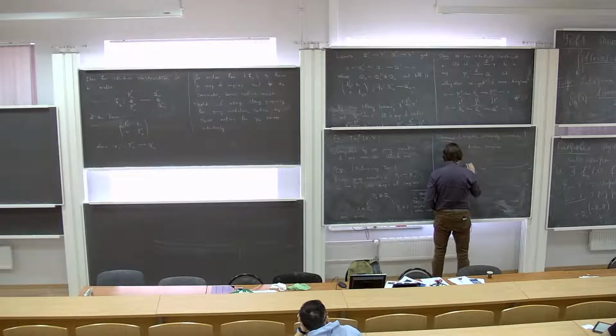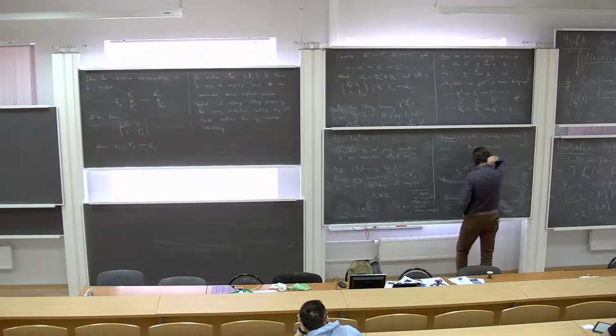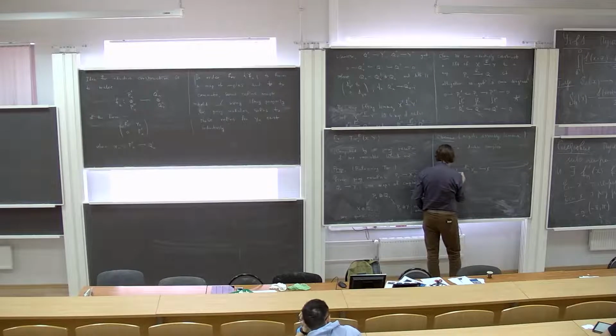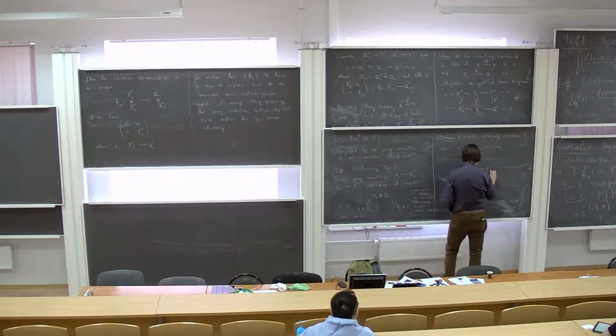So there's a horizontal differential. The first number should number the row, so it should look like this.